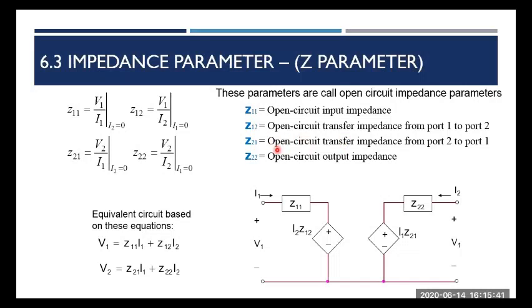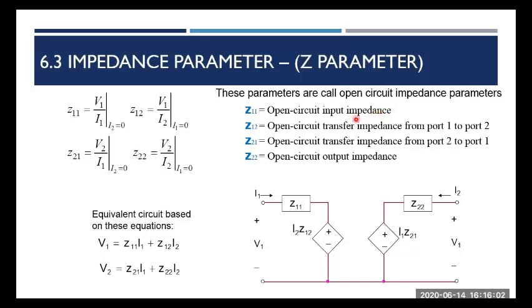By open circuit, the terminal input or terminal output. So Z21 is the notation from port 2 to port 1, while your Z22 is definitely at your output port. So this becomes your open circuit output impedance.